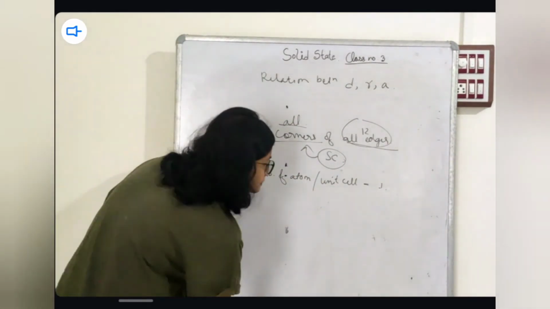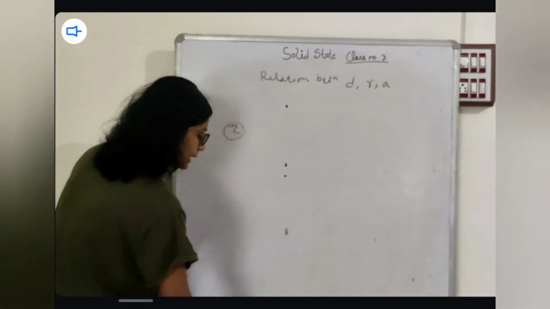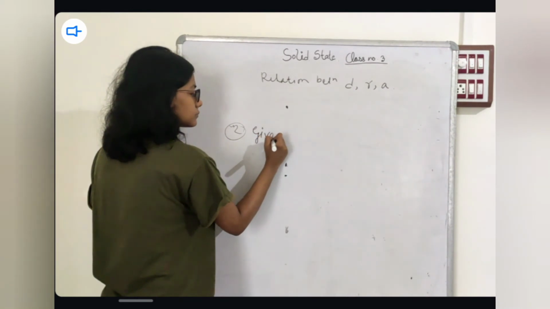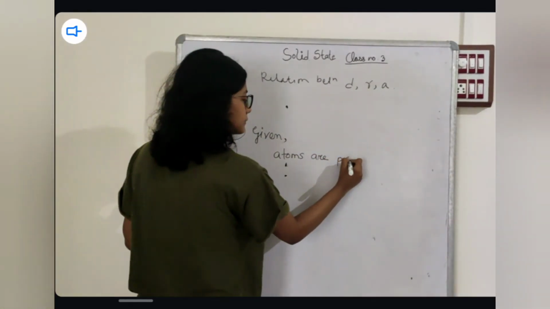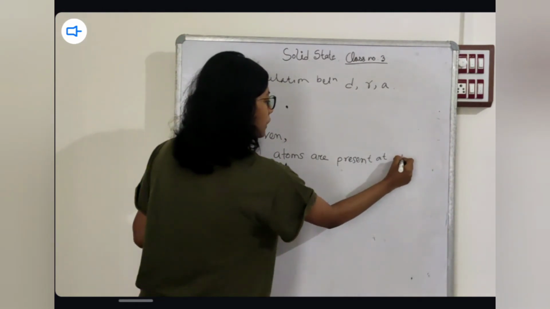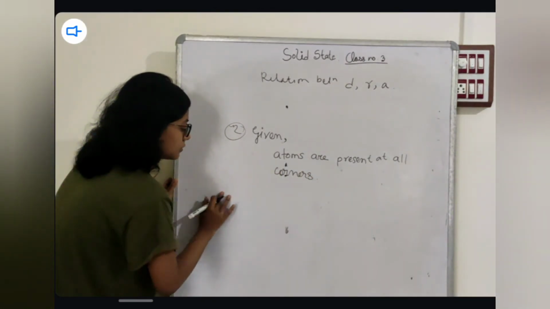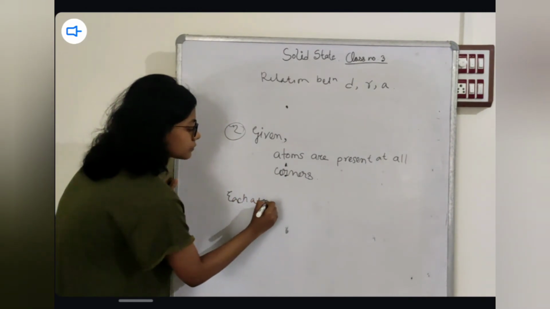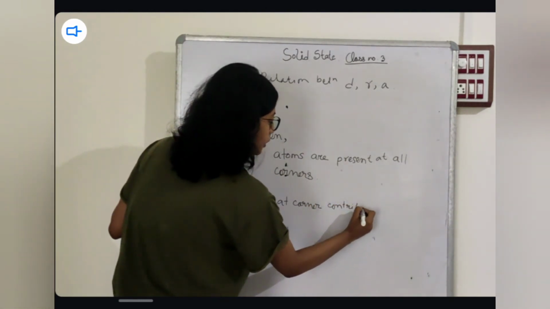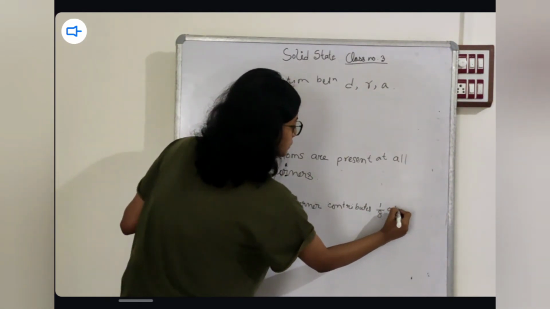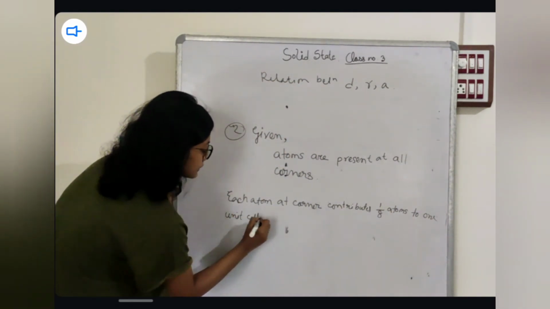So how will you write it? Given, atoms are present at all corners, each atom at corner contributes 1/8 atom to 1 unit cell.